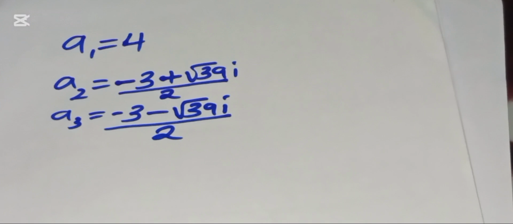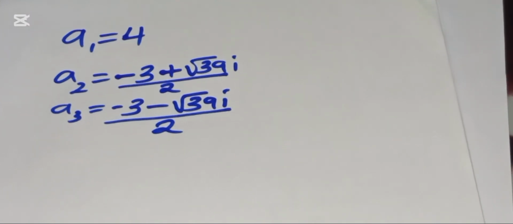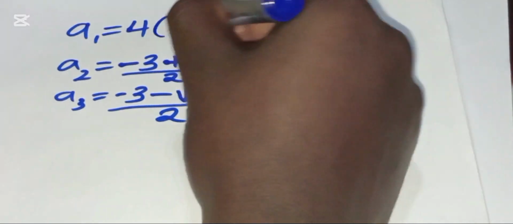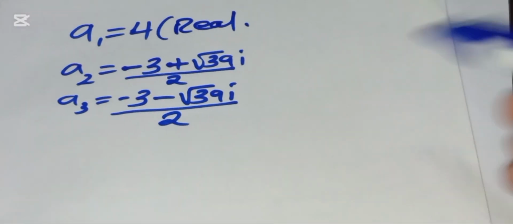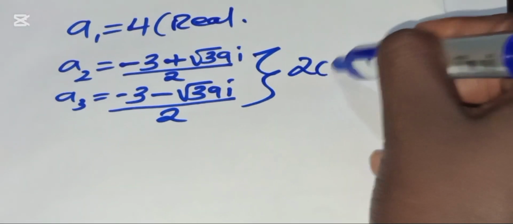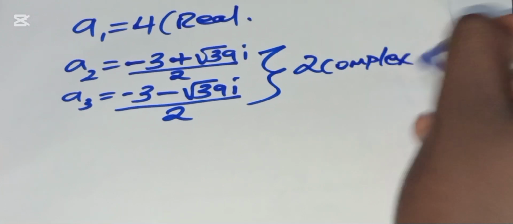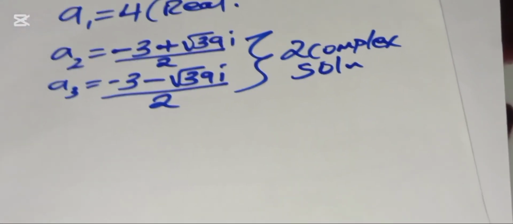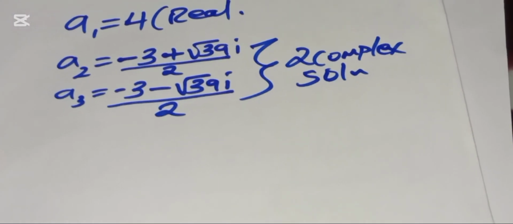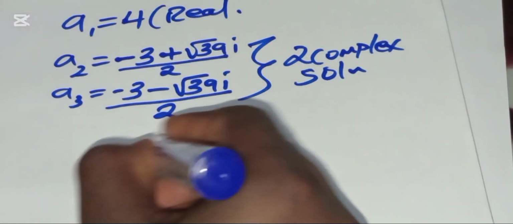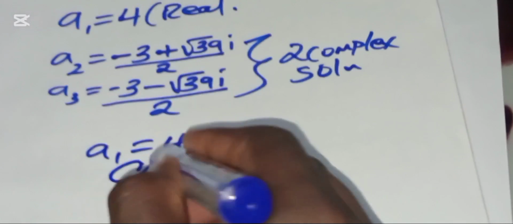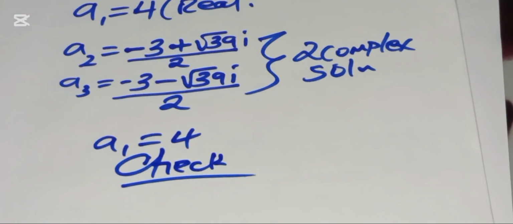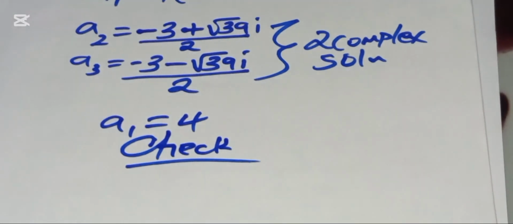Now that means we have three solutions from the algebraic equation: a1, which is 4, a real solution, and two complex solutions. Given that we have only one real solution, a1 equal to 4, let's check if this value satisfies the equation.